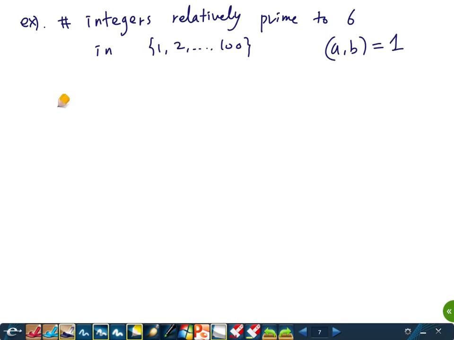Let's say A equals the set of multiples of 2. 6 is 2 times 3, so any multiple of 2 is not going to be relatively prime to 6. Similarly, any multiple of 3 is not relatively prime to 6. So we will consider multiples of 2 and 3 in this set.